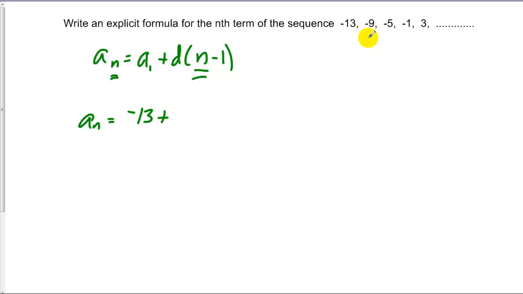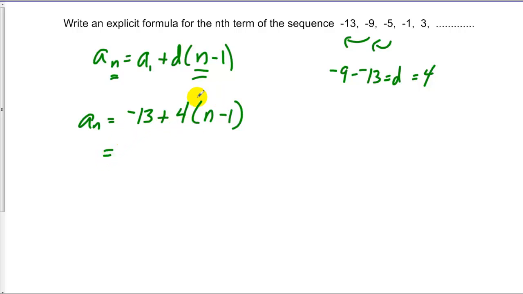Looking over here, from one term to another, I have a difference of negative 9 minus negative 13, which is equal to 4. So I'll put my 4 where the d is and leave n minus 1.